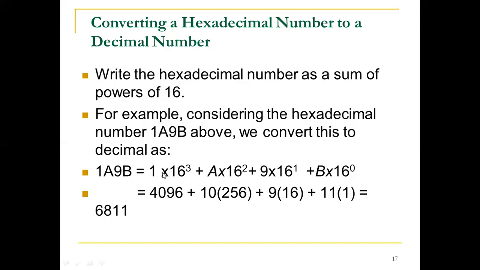So this is 1 into 16 raised to 3, A means 10, so that is converted here, 16 raised to 2, then 9 into 16 raised to 1, and B is represented by 11, that is why 16 raised to 0. If you solve this addition and multiplication, then you will get this number. So 6811 is the equivalent decimal number of this hexadecimal number.